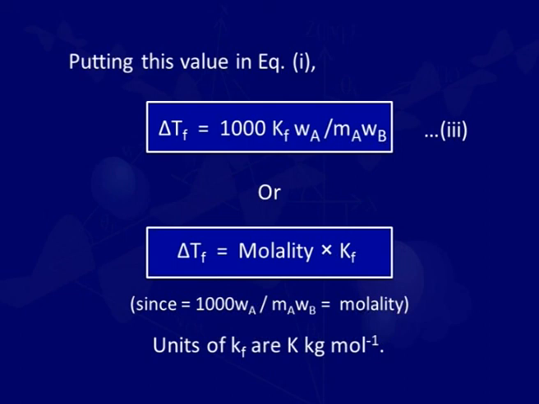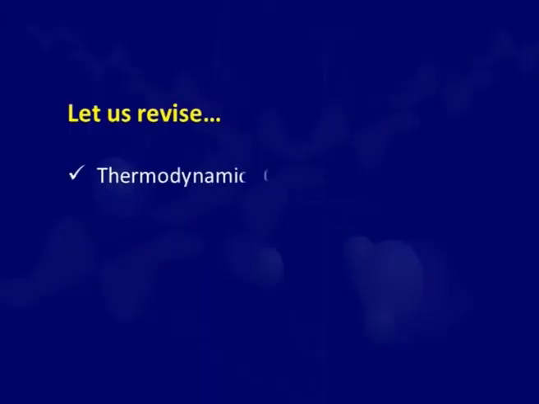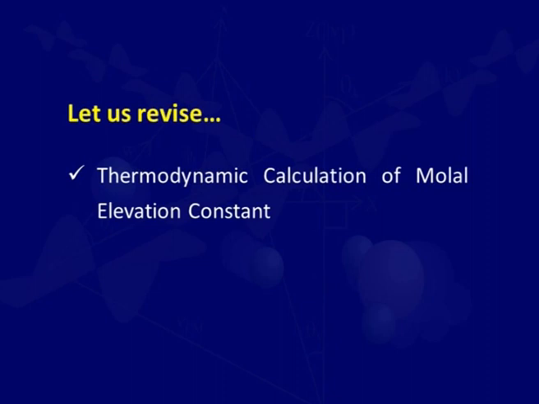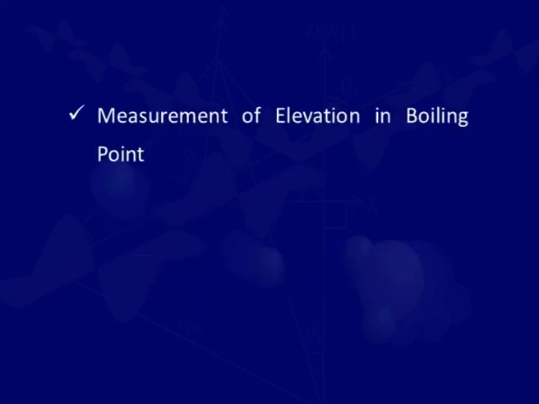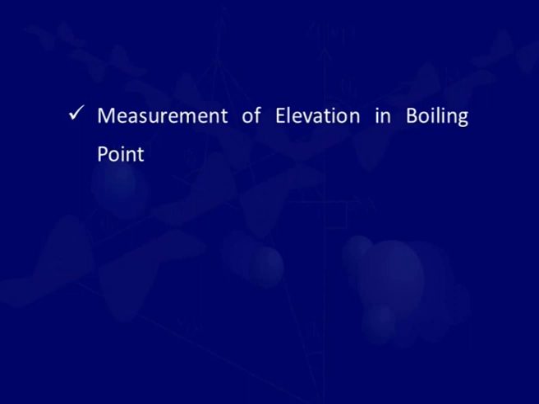Let us revise what we have discussed today. We have calculated the molar elevation constant thermodynamically. The expression used was Kb equal to R Tb square upon 1000 into Lv. We have also done two measurement techniques for the elevation in boiling point: Landsberger's method and Cottrell's method.